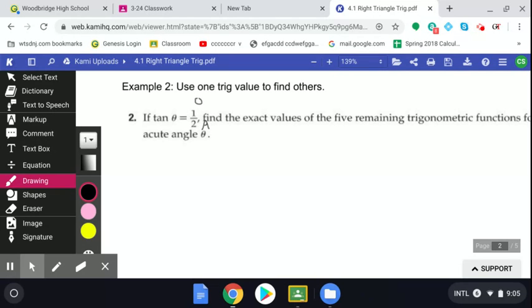So in my triangle, if I'm going to call this theta, and this is the right angle. And the side opposite to theta should measure 1. So I'm going to say that across from theta is 1 and adjacent to theta is 2.